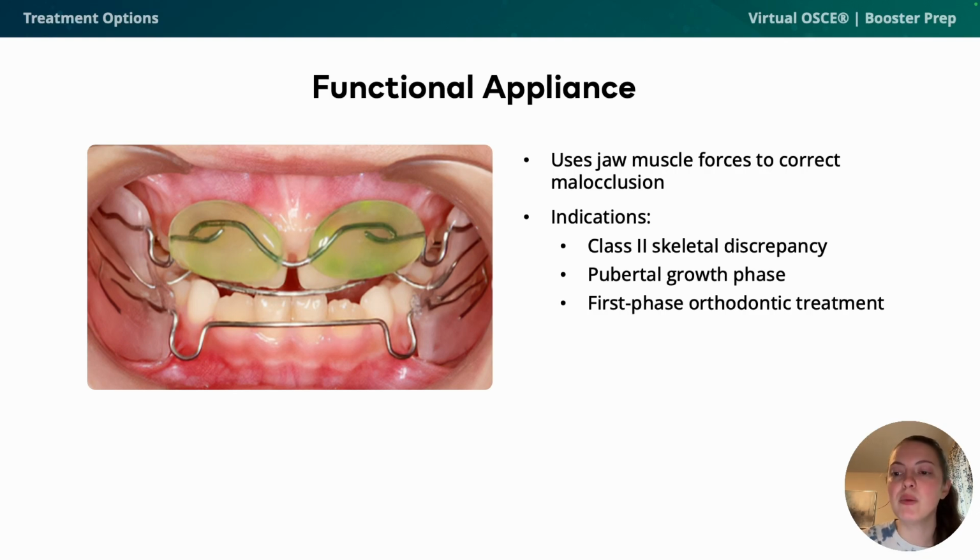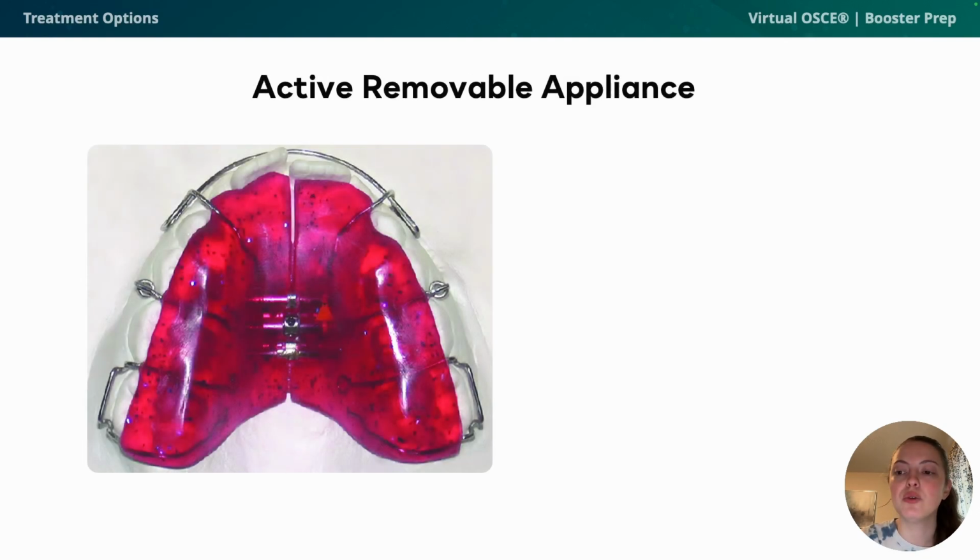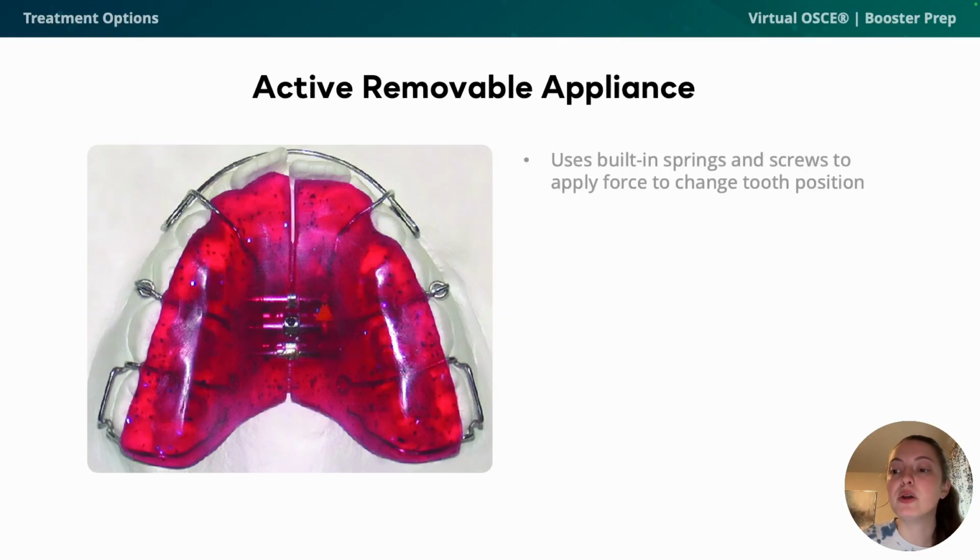Now on to another removable option, the active removable appliance. This is a pretty unique option and one that's not utilized a ton as the first treatment option, but these appliances use built-in springs and screws to apply force to change tooth position, and that's what's meant by active.